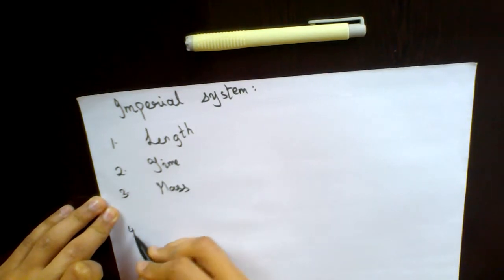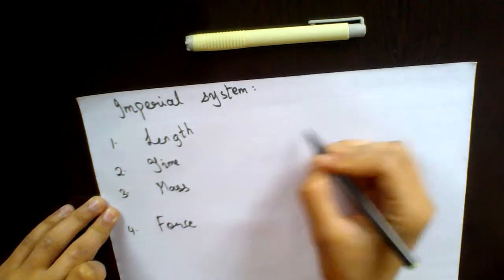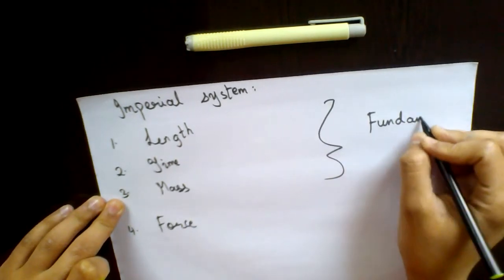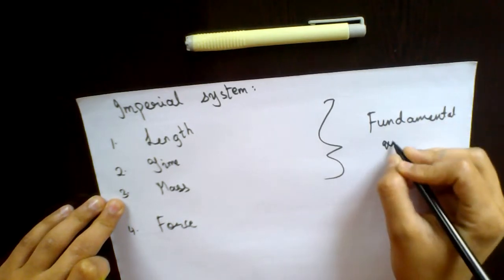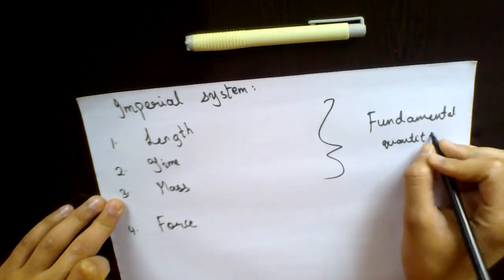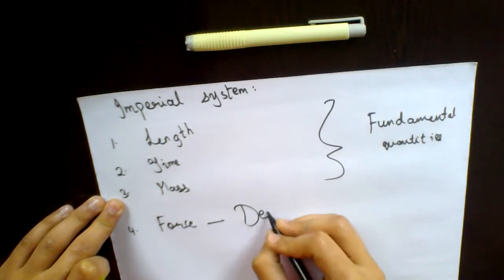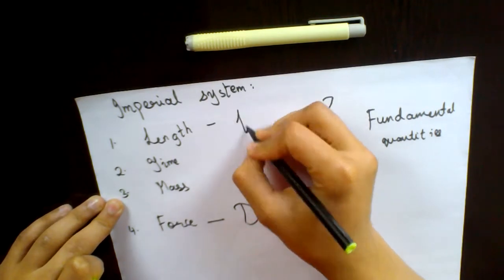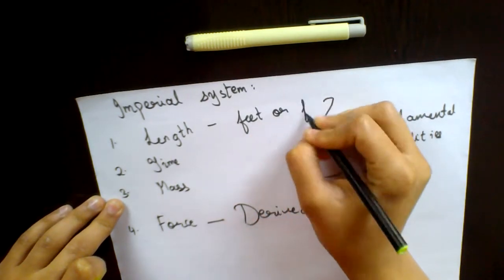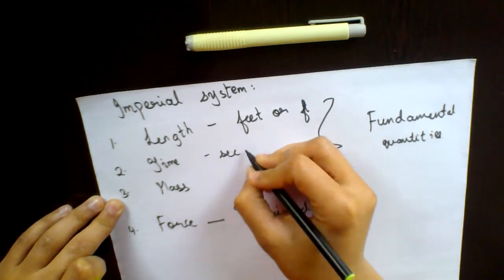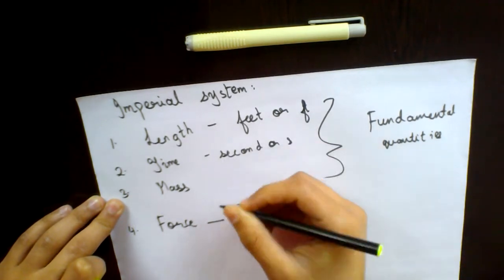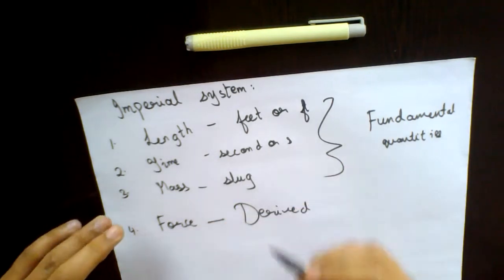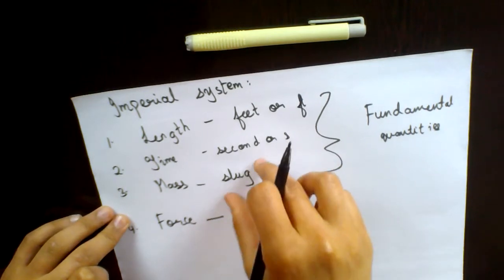And then you had the force, which was derived from these three fundamental quantities. Force is supposed to be the derived quantity. Now, length is expressed in feet, or ft. Time is the same, in second, or s. Mass is expressed in slug. Now, you don't have a short form for this, I'm sorry for that.